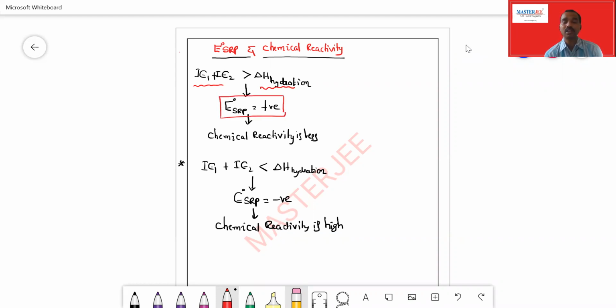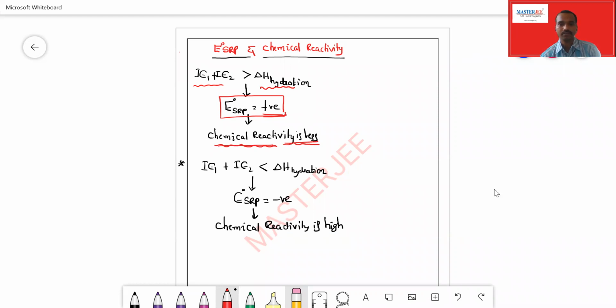Whenever a species' standard reduction potential values are positive, its chemical reactivity is less.